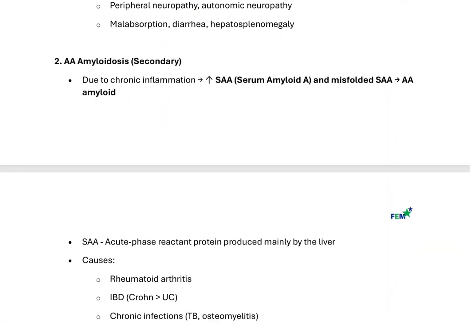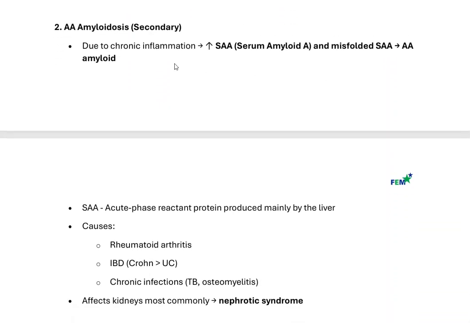Moving on to the next type. The next type of amyloidosis is what we call serum associated amyloidosis. What's going on in serum associated amyloidosis? This is due to chronic inflammation. What are examples of chronic inflammation? Examples like rheumatoid arthritis, inflammatory bowel disease, or somebody who has a chronic infection like tuberculosis or osteomyelitis.